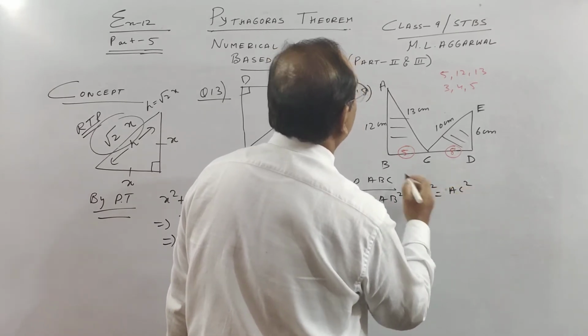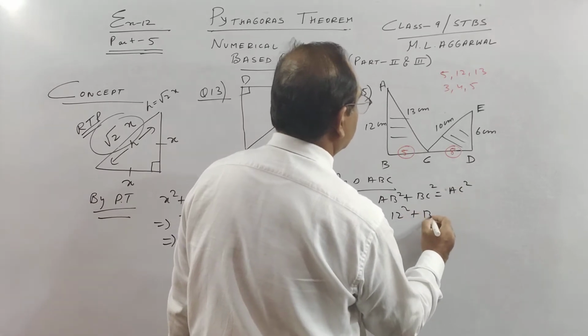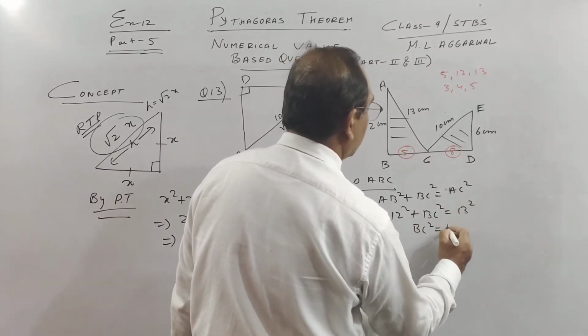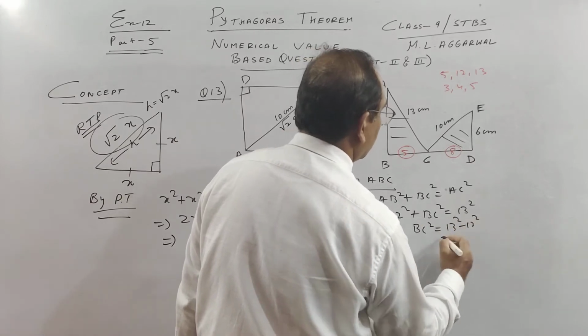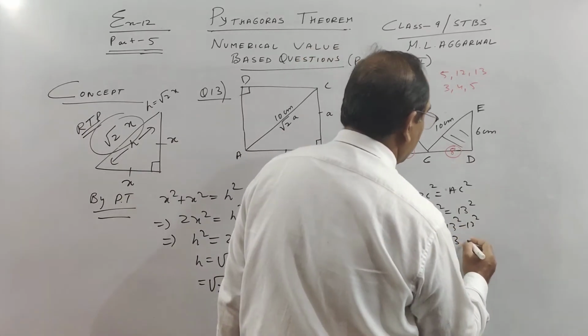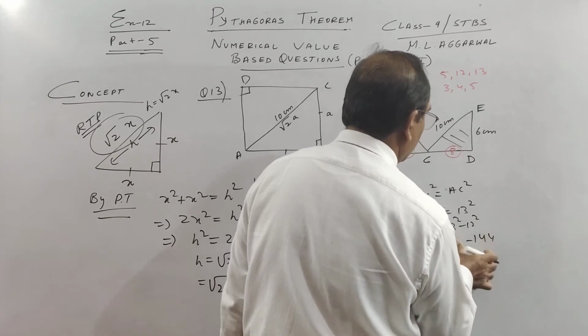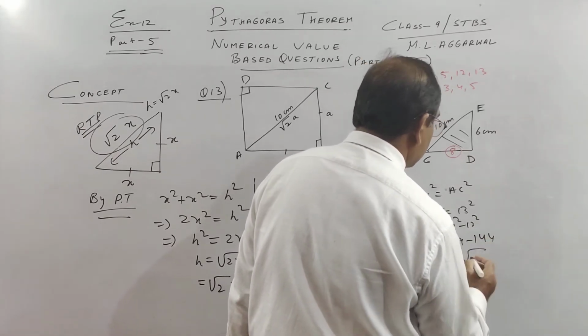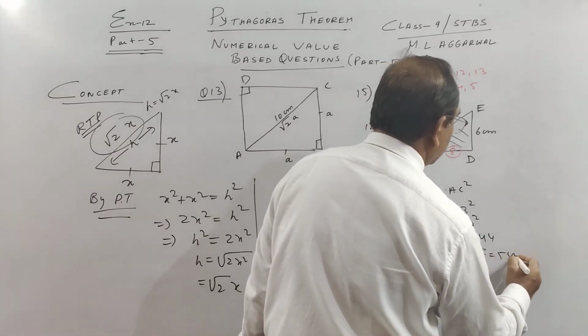So here 12 square plus BC square is 13 square. BC square is 13 square minus 12 square, 169 minus 144. So you get BC is root over 25, which is 5 centimeter.